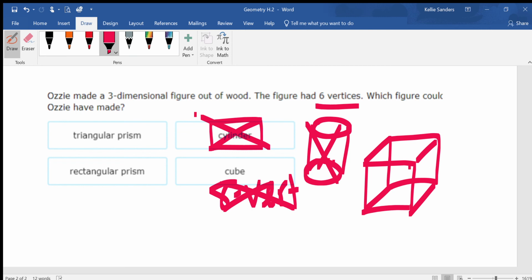Alright, now we're talking about a prism. A cube and a rectangular prism are basically the same thing. So it's not going to be that one either. This could be a rectangular prism.